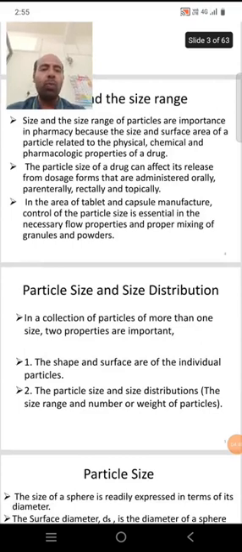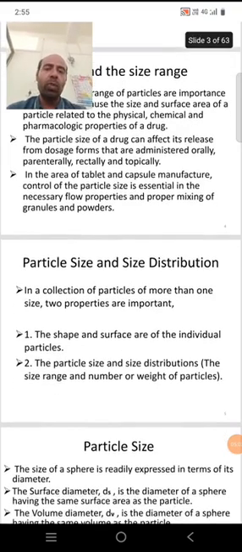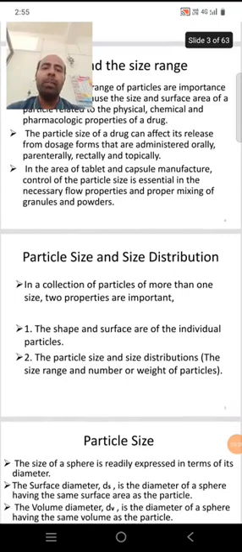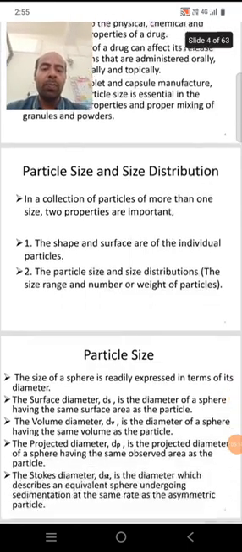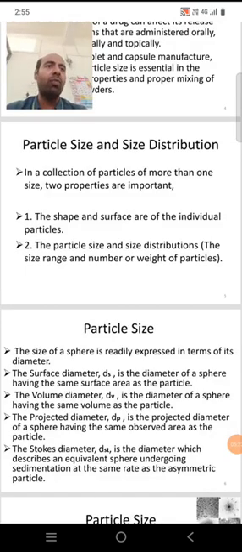Particle size and size distribution are necessary in a collection of particles of more than one size. For any raw material collected, with particles of more than one size, two properties are important. The first is the shape and surface area of the individual particle. Particle size and size distribution are very necessary for the preparation of any dosage form.